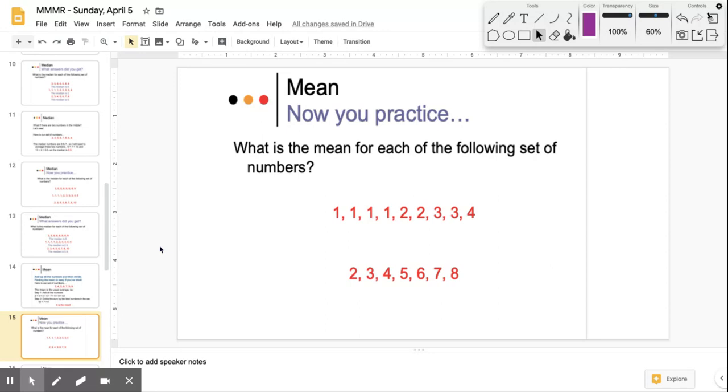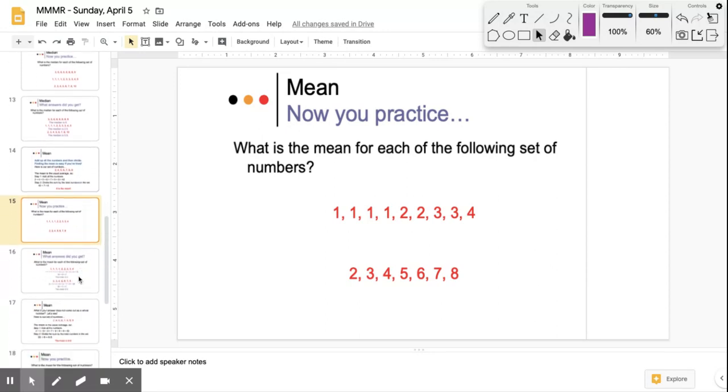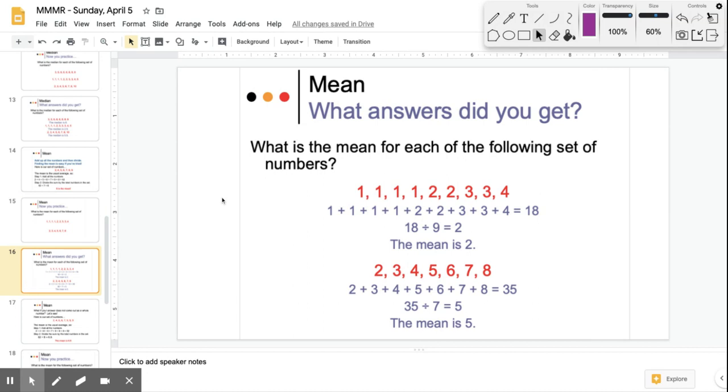I want you to try with these 2 sets of numbers on your notebook paper. Let's see how you did. In the first example, if we find the sum first, 1 plus 1 plus 1 plus 1 plus 2 plus 2 plus 3 plus 3 plus 4, that gives us a total of 18.